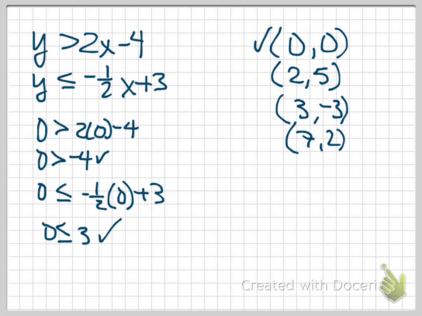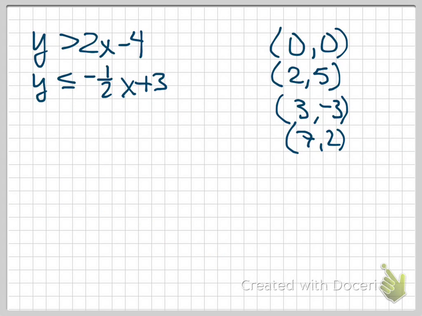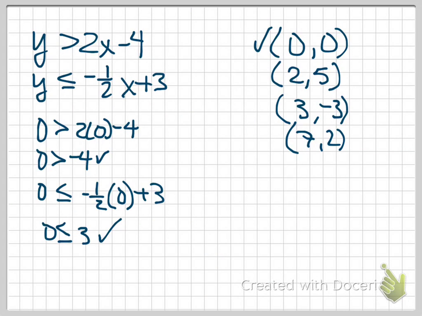So 0, 0, which is this point here in the cross-shaded area, works. That should tell you that every point in the cross-shaded area will work, where the y will be greater than whatever 2 times x minus 4 would be, but the y would also be less than or equal to whatever negative 1/2 times x plus 3 is.